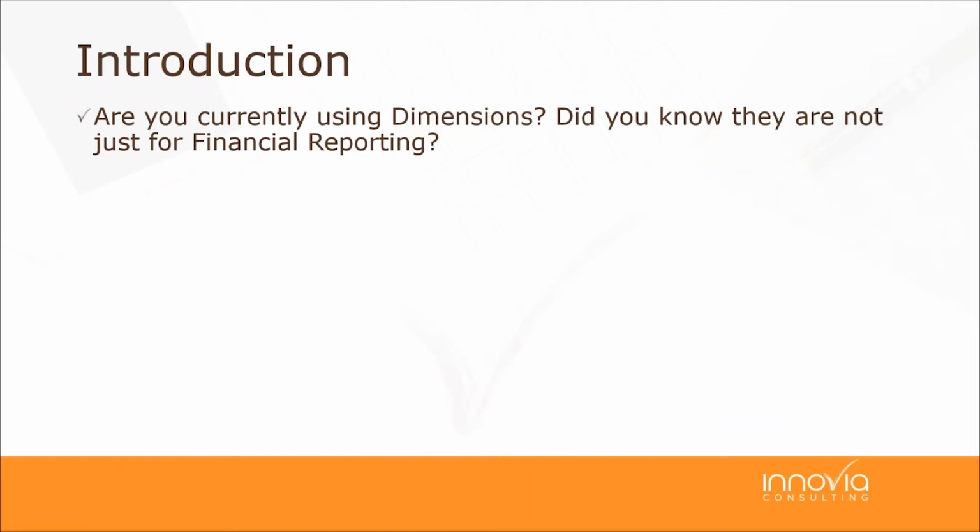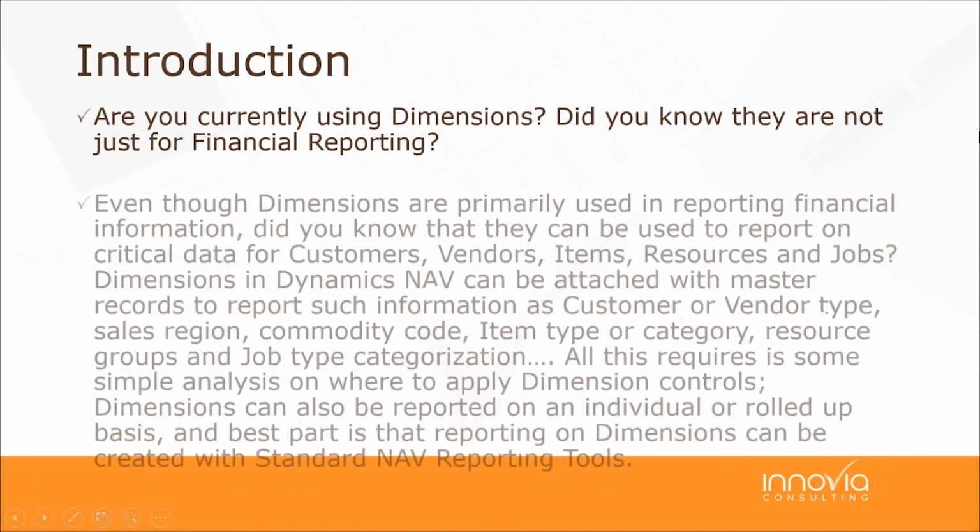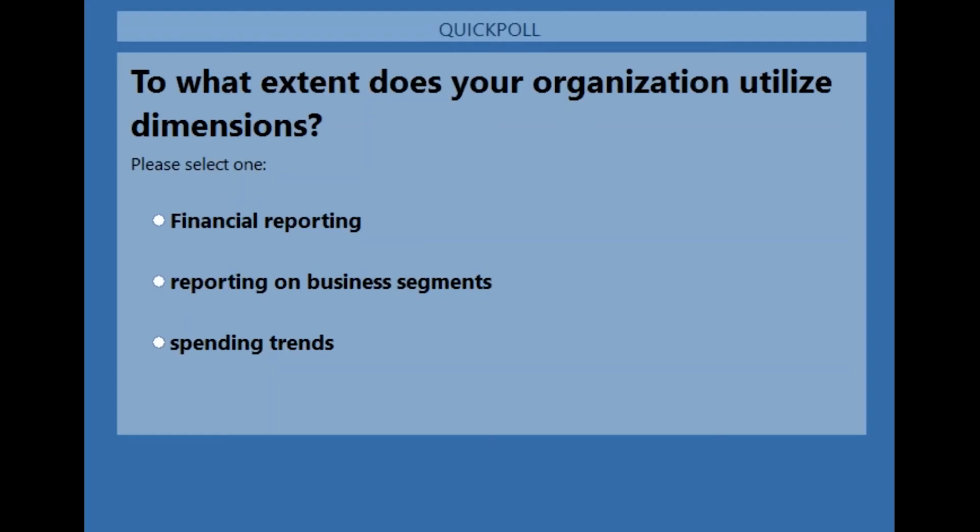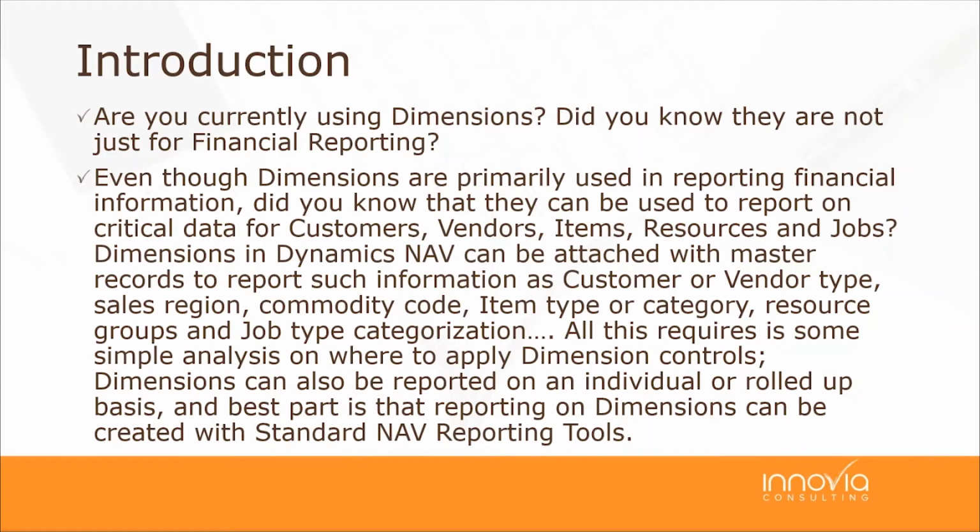Let me begin with my first question: are you currently using dimensions? And did you know they're not just for financial reporting? Even though dimensions are primarily used in reporting financial information, did you know that they can be used to report on critical data for customers, vendors, items, resources, and jobs? Dimensions in Dynamics NAV can be attached to master records to report such information as customer or vendor type, sales region, commodity code, item type or category, resource groups, and job type categorizations.